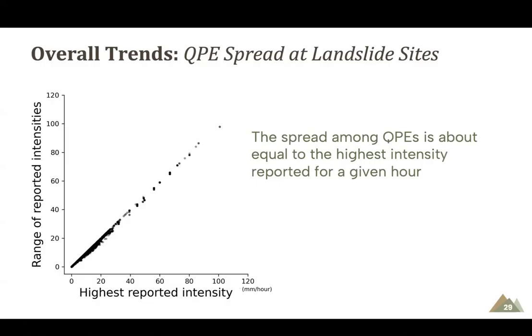Or another way to say this is that whatever the highest intensity is that's recorded at a given time and location, you can always find another gridded QPE product that tells you there was little to no rainfall at that same time and at that same location. And what that means for landslide researchers is that there's not really a good way to get a lower constraint on the triggering precipitation for a landslide event.